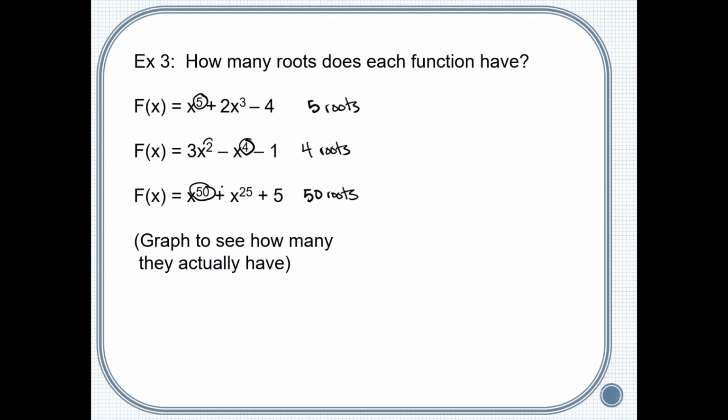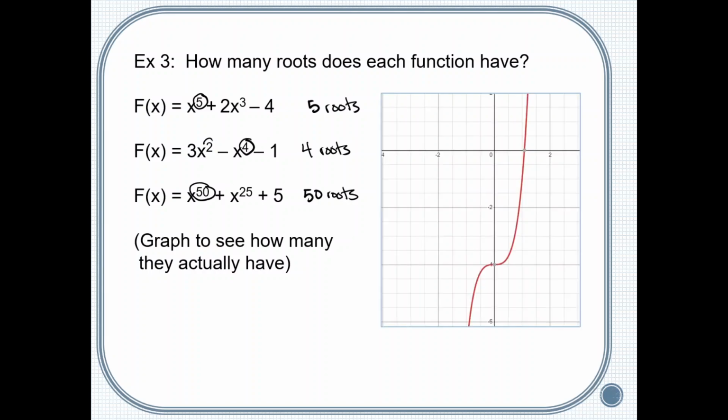But let's look at the graphs of each of these functions. So the x to the 5th, this is f1, actually only has 1 root that's visible. So either that root is occurring 5 times, or it's occurring once with 2 different pairs of complex roots. So we would have to sort of figure that out.